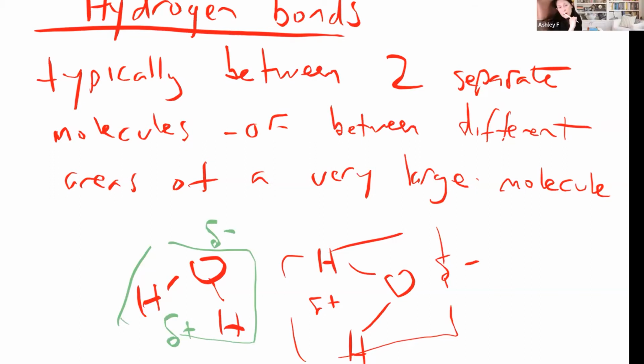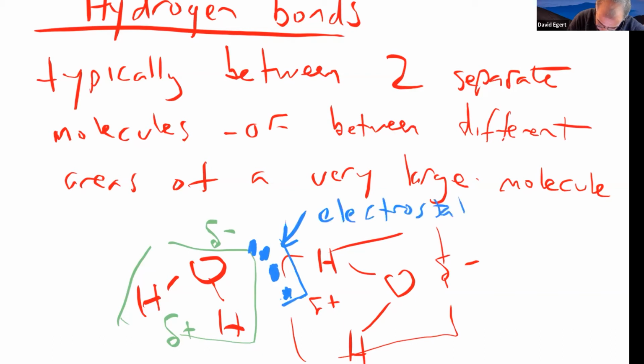It's the positivity in the hydrogen is attracted to the negativity in the oxygen. And it's forming a bond between the two molecules. Exactly. So there's going to be this electrostatic attraction. That's the hydrogen bond. So it's not a sharing of electrons anymore.